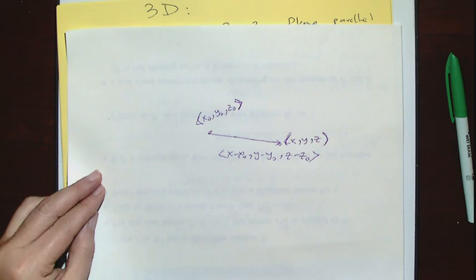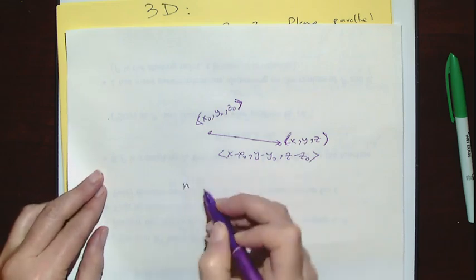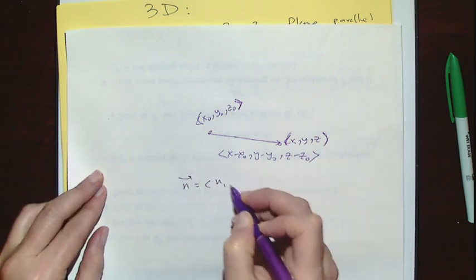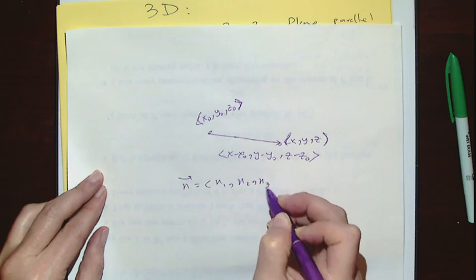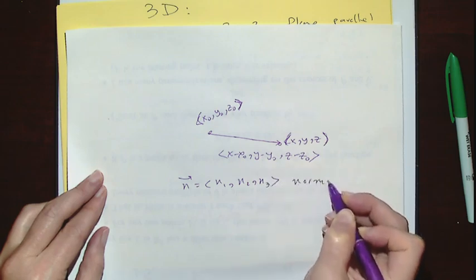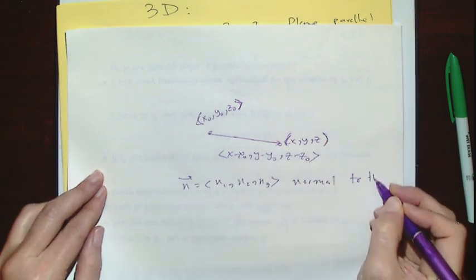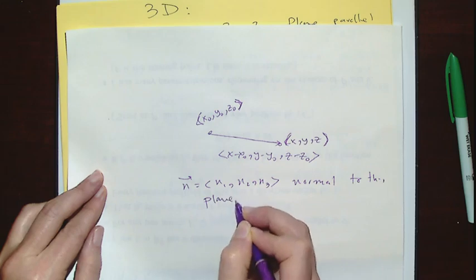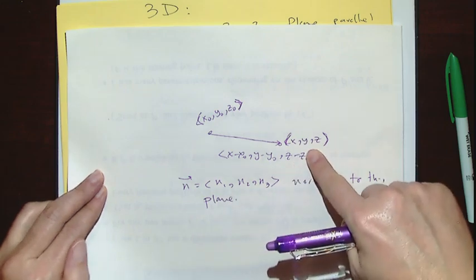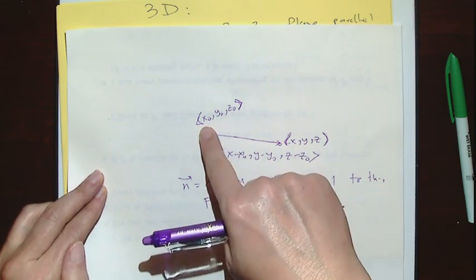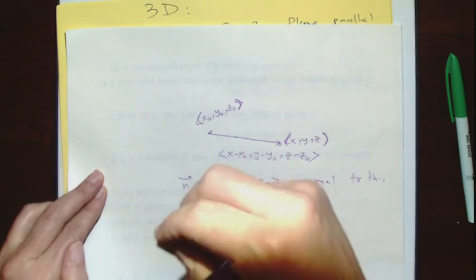If I have a normal vector n, n1, n2, n3, normal to this plane, again, x, y, z was arbitrary. x0, y0, z0 was a point on the plane.